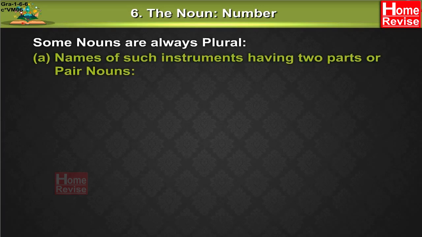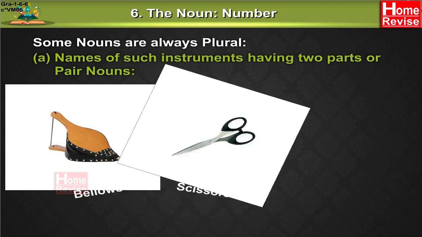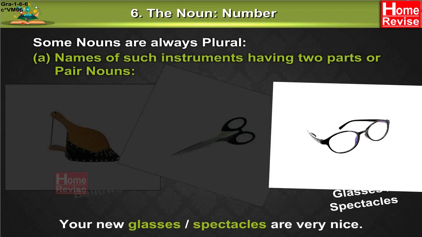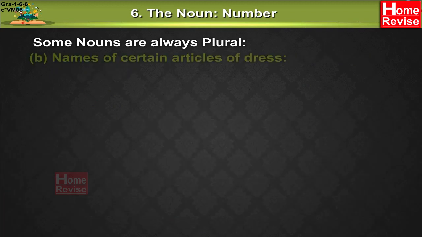Some nouns are always plural. A. Names of such instruments having two parts or pair nouns. Bellows, scissors, glasses or spectacles. Your new glasses or spectacles are very nice. B. Names of certain articles of dress.